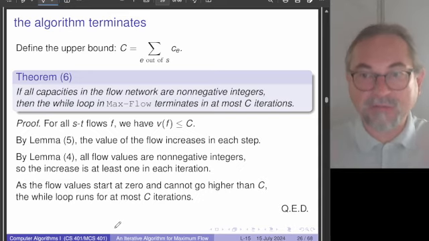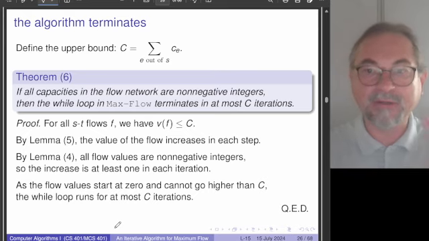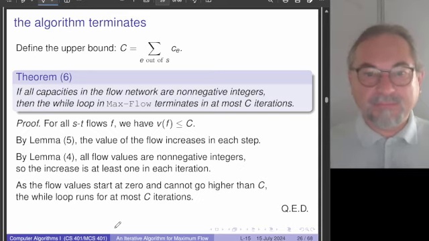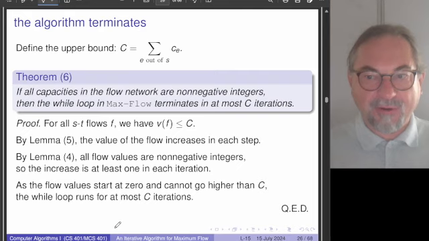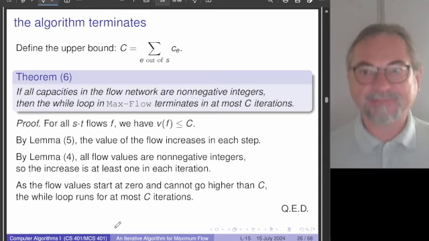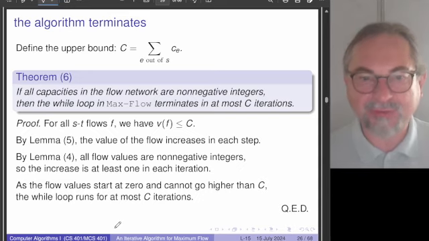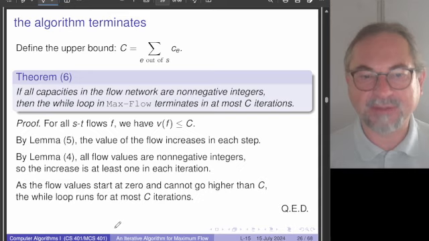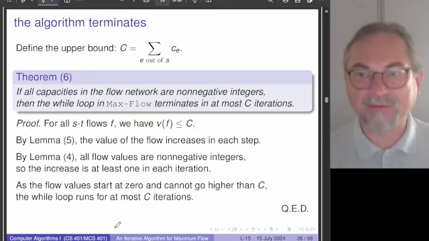As long as the algorithm runs, we will increase the flow by at least 1, because everything is integer: capacities imply integer flows. So the bottleneck is also an integer. We start at 0 and we do not get higher than the capacity. An iterative algorithm, a proper algorithm, it terminates.